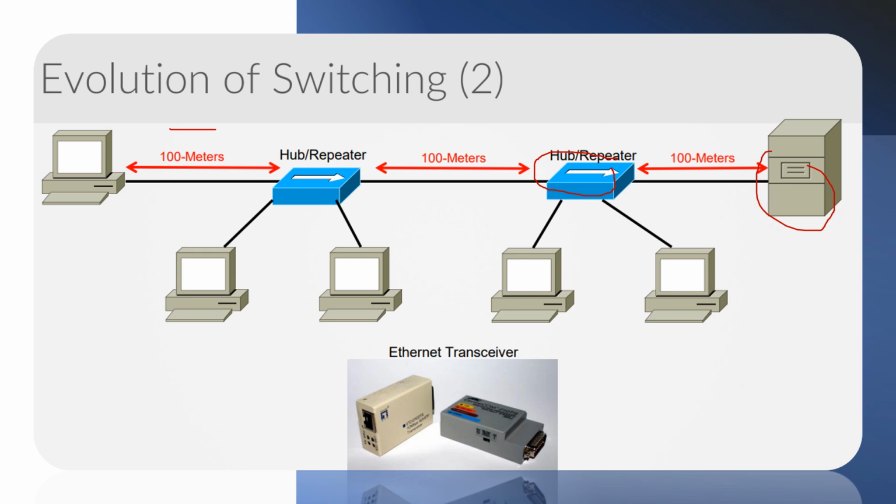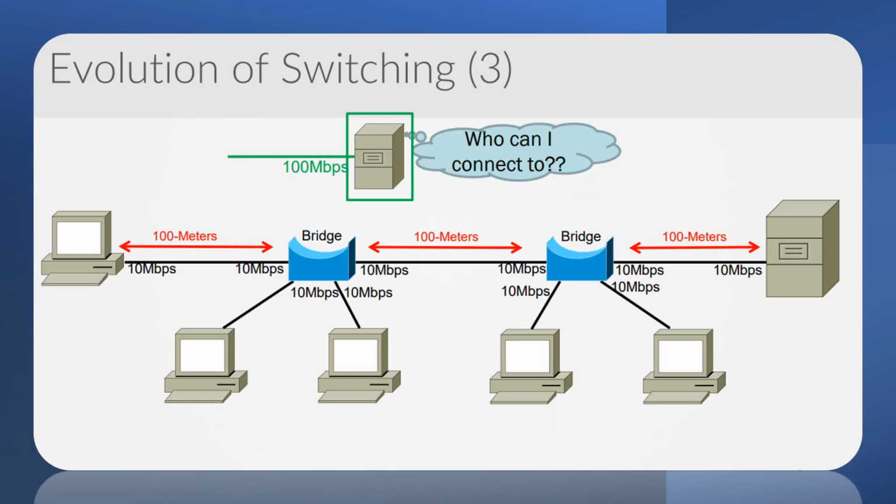So another device has been introduced, that is the bridge. It has a memory element inside it. Let's assume host A is transmitting data, and at the same time host B transmits another frame; there should be a collision, isn't it?